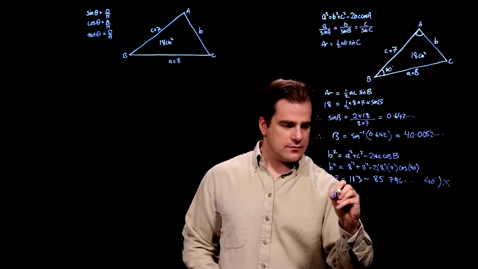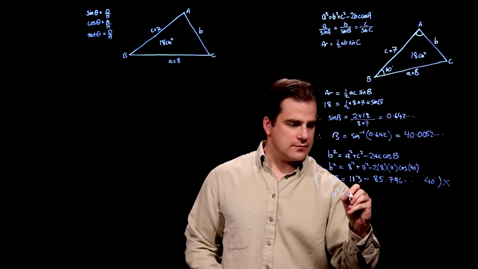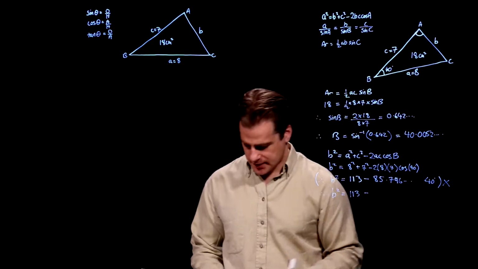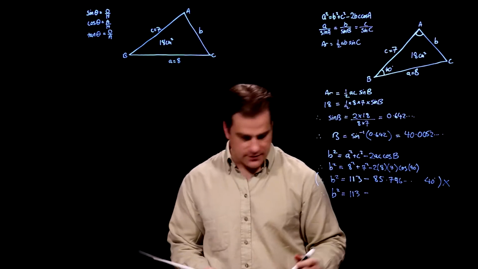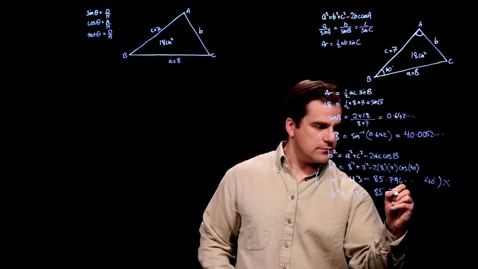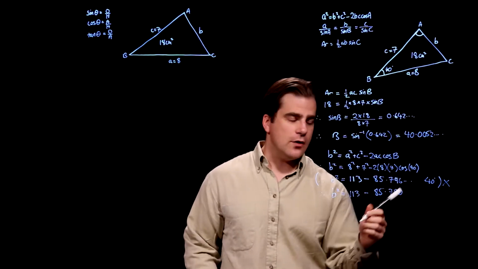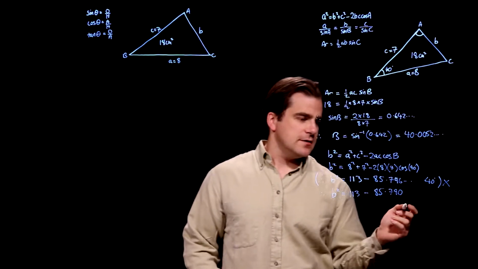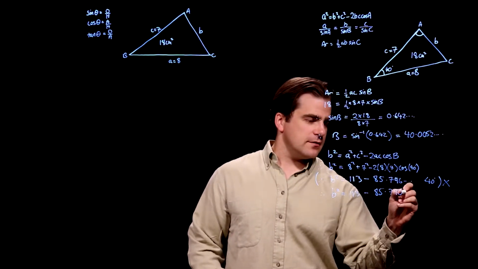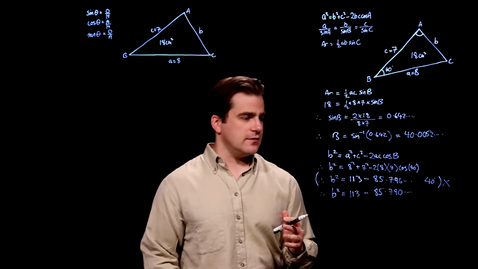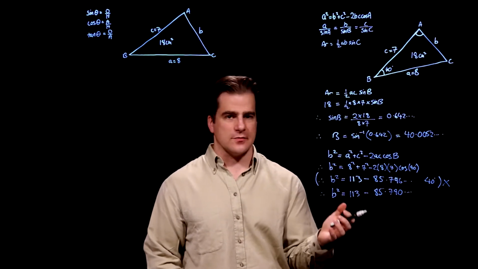If you use the exact value, this is 85.790. So you see, not much of a difference, 796, 790, but it's possible in many questions that a small difference can make a difference between a decimal point mistake at the end.